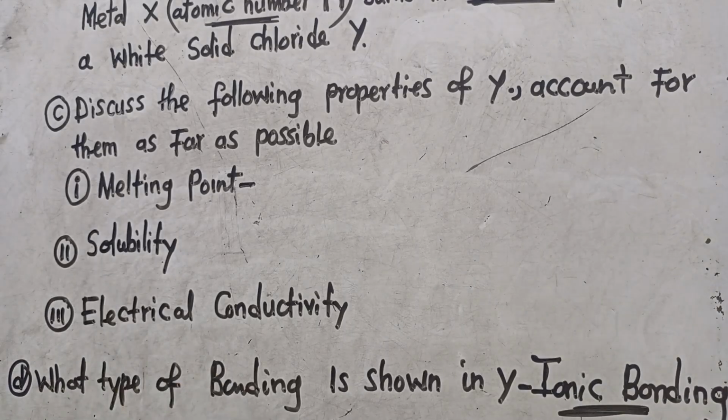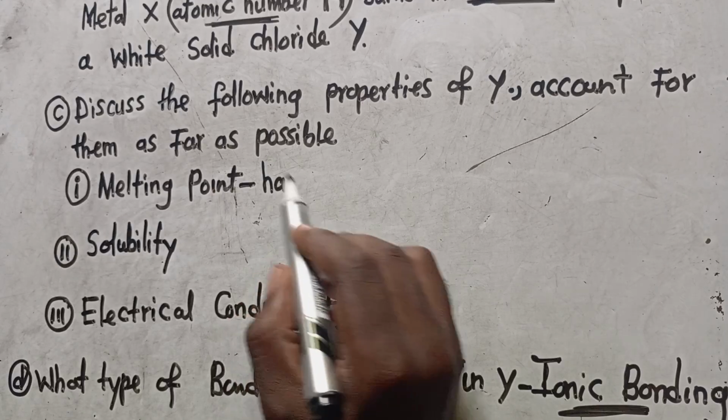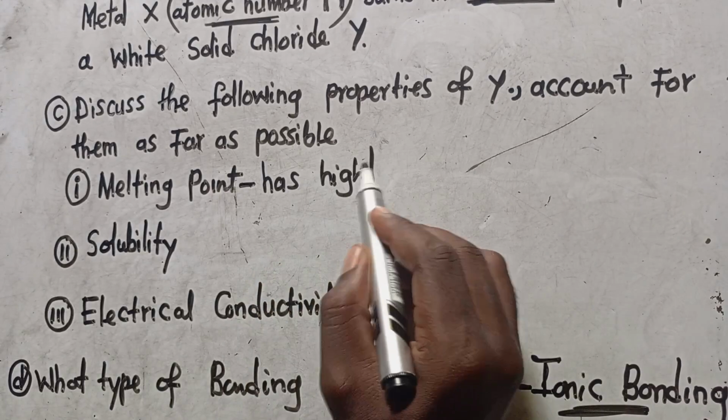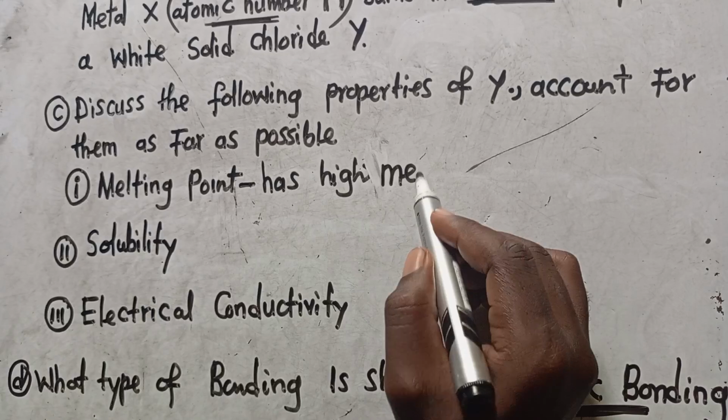Now, in terms of melting point, with ionic bonding, you need to know that this compound Y has a high melting point. This is what you need to understand.